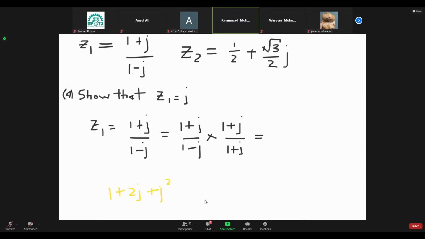Right? Which is of course 2J. That's for the top. Because this is minus 1, minus 1 and 1 will disappear. Right? So we're going to get 2J on top.